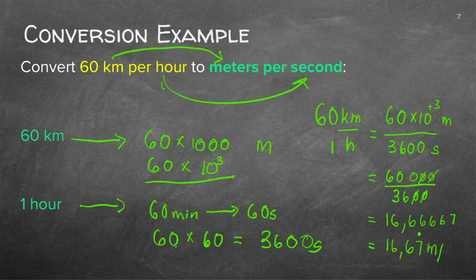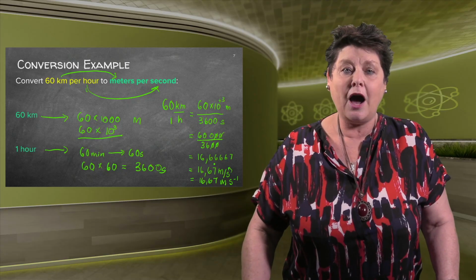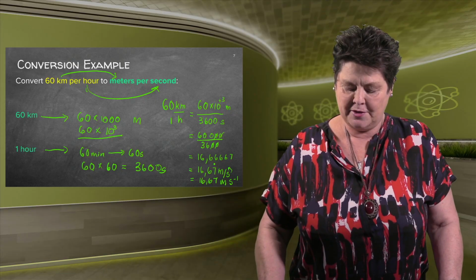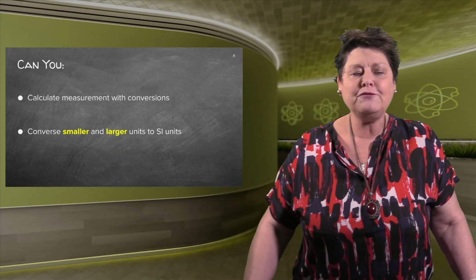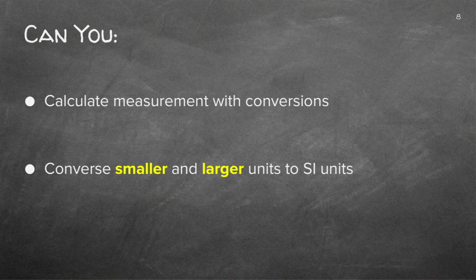Meter per second. I hope you also got your conversion of 60 kilometers per hour to 16.67 meter per second. You have to be able to calculate measurements to the same unit by converting.